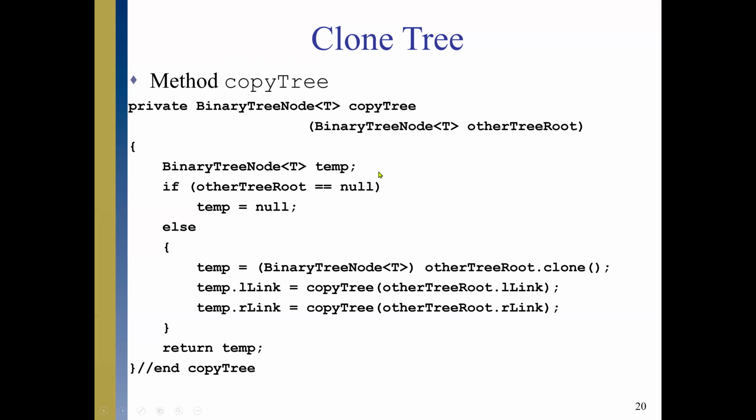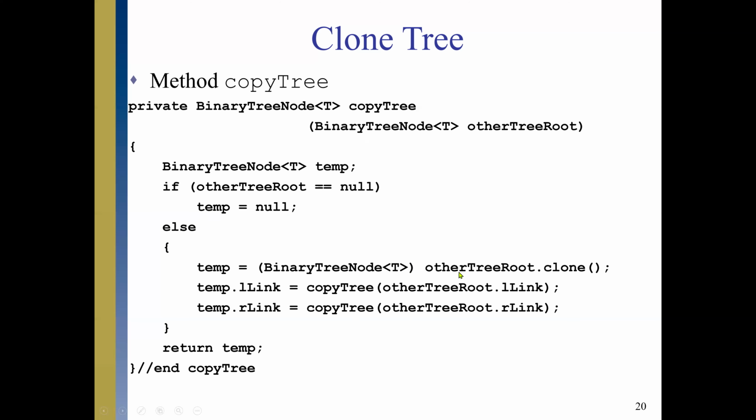What will happen is that when we clone it, we put a copy in the temp, then we return the temp. So first we check if the tree that we want to copy, its root, is pointing to null. If it's pointing to null, that means it doesn't have any, it's an empty tree. So we return null.